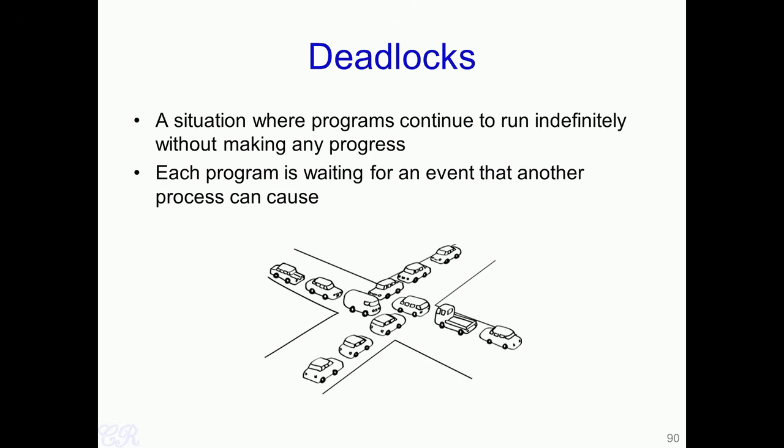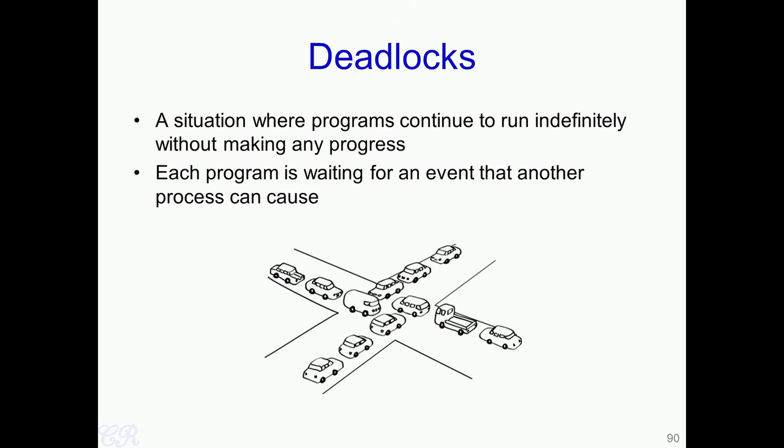To define a deadlock more formally, a deadlock is a situation where programs continue to run indefinitely without making any progress. Each program is waiting for an event that another program or process can cause.